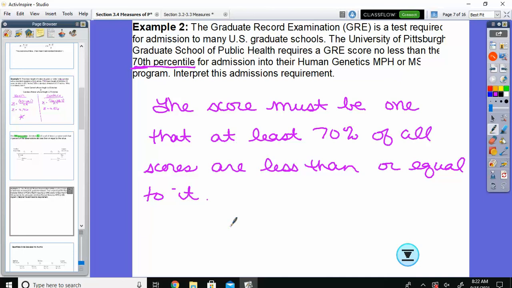In other words, you're in the top 30%. Okay, you're at 70%, 70% are below you, 30% are above you.